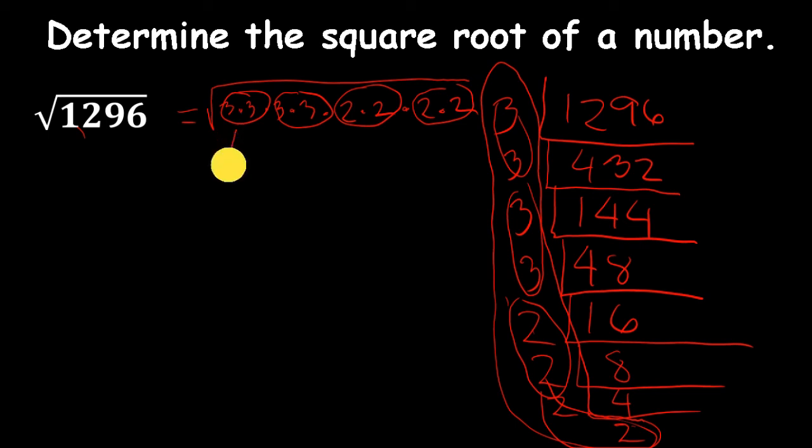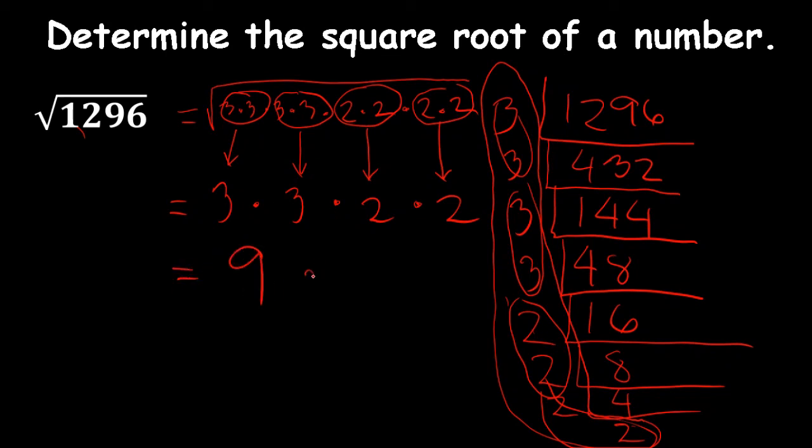So here is 3, then times another 3, then times 2, and times 2. Next, multiply. 3 times 3 is 9, times 2 times 2 is 4, and 9 times 4 is 36.